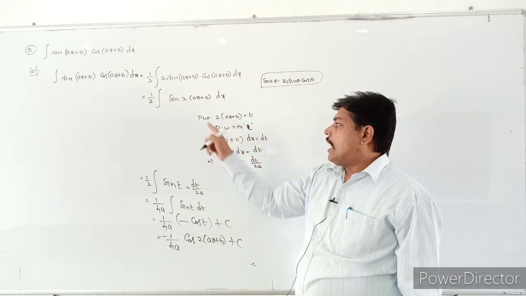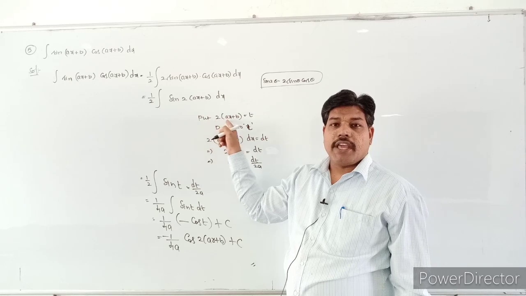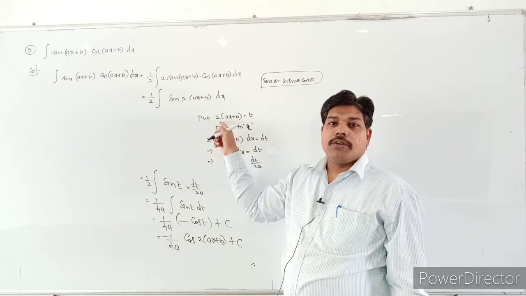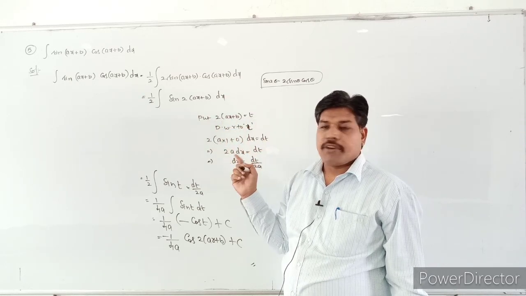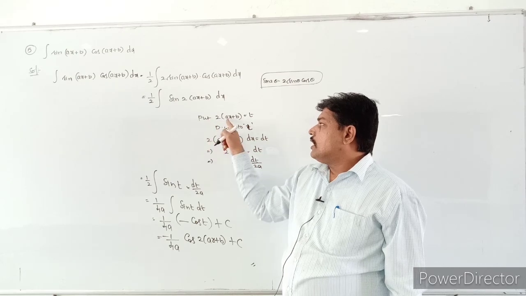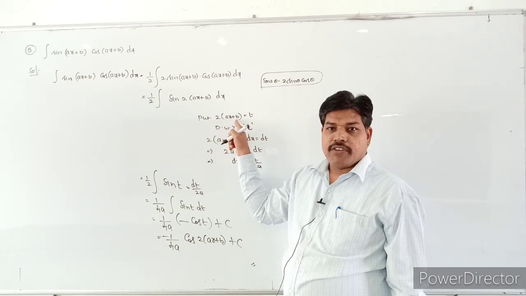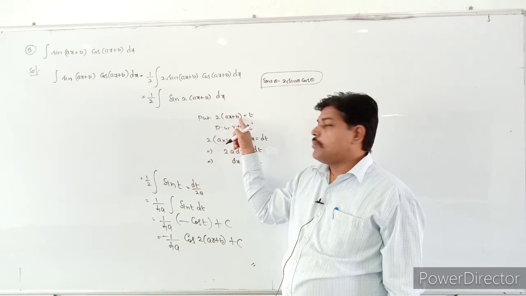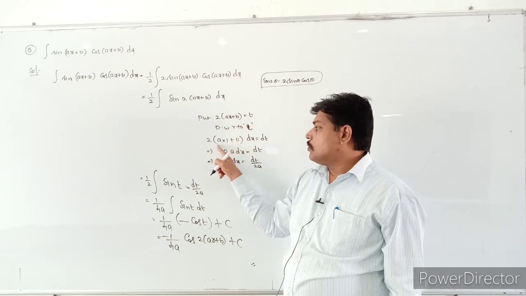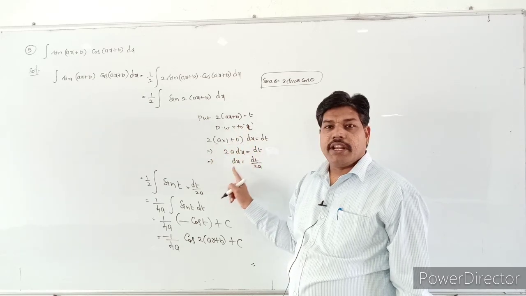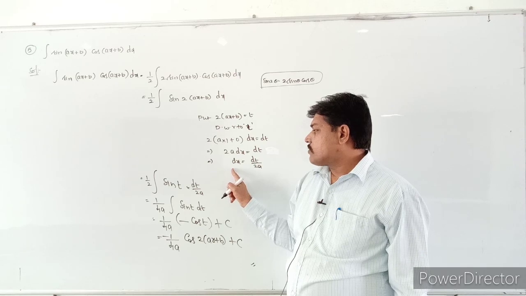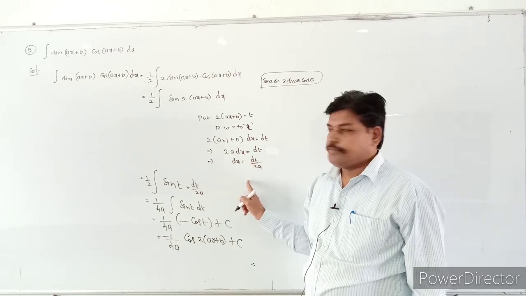Here I took 2 into ax plus b equal to t. What happens? 2 into a into the derivative of x, which is 1, plus the derivative of b, which is 0. So 2a into dx is equal to dt. So dx becomes dt by 2a.